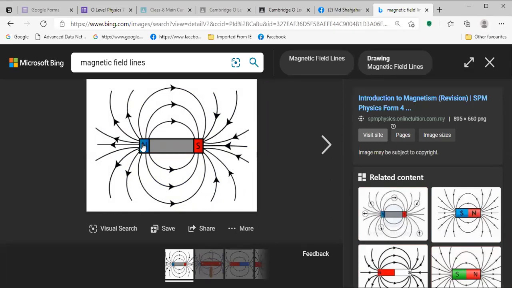So you draw the north and south pole, and the field lines you draw around the magnet this way. The arrow direction shows the field lines coming out from the north pole and going inwards into the south pole, right? So you draw it, everyone.